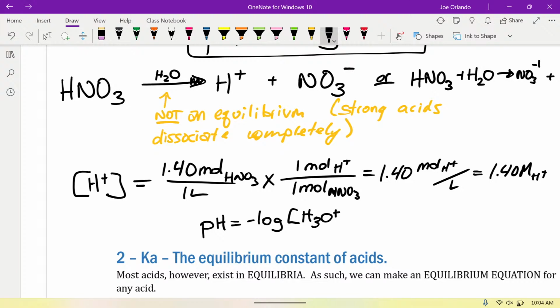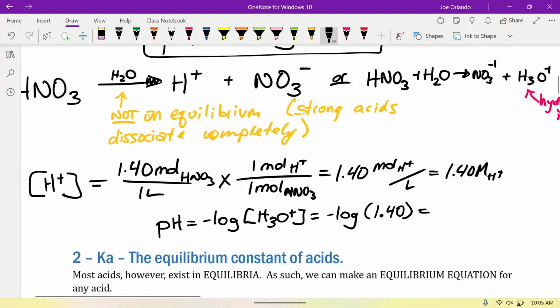I'm going to write it as H3O+ here, just to show that it's the same thing. And that means we're taking the negative log of what? 1.40. We're going to get a negative pH here, which is allowed, by the way. What's the negative log of 1.40? What do we get?